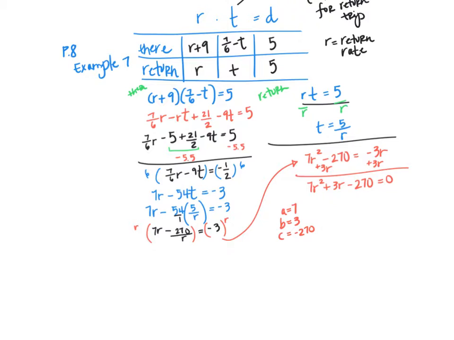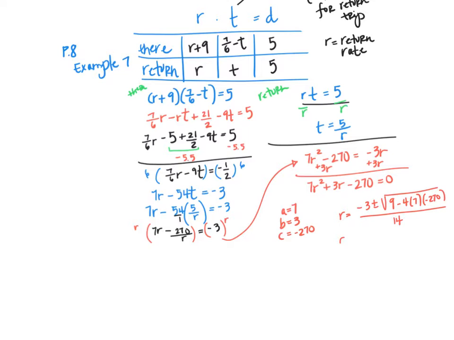And so now I'm just going to plug in my numbers. So I've got R is equal to negative b plus or minus the square root of b squared minus 4ac all over 14.